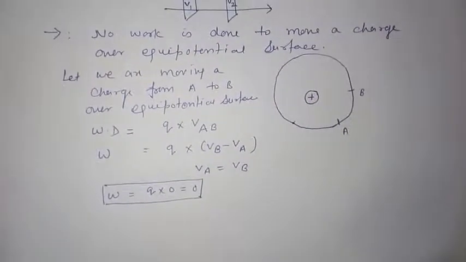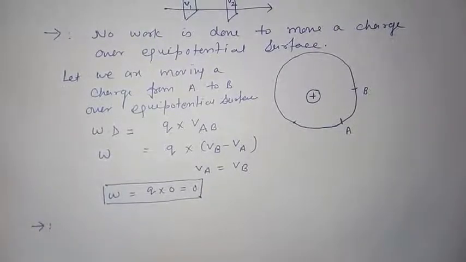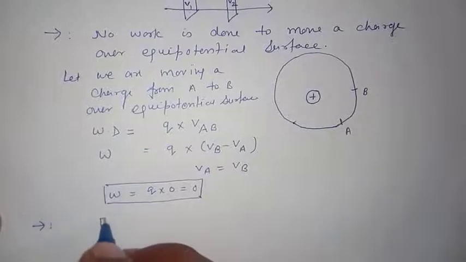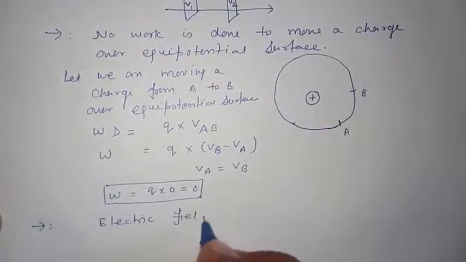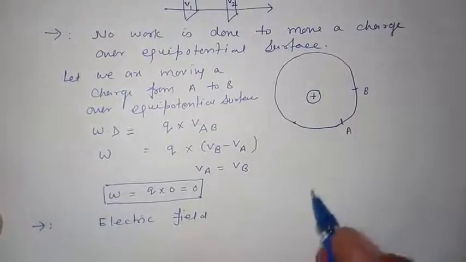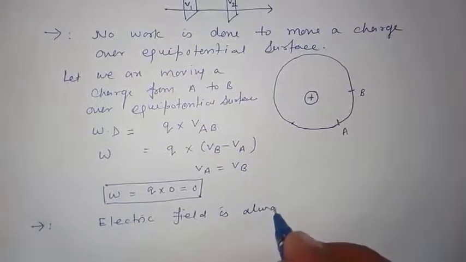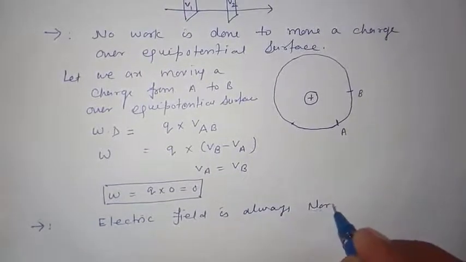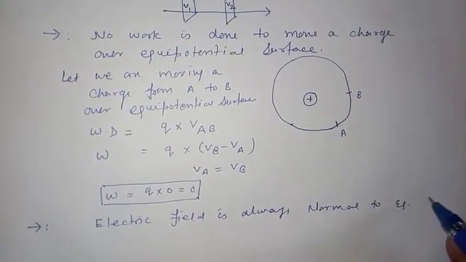Now, the second important property: electric field is always normal to the equipotential surface.